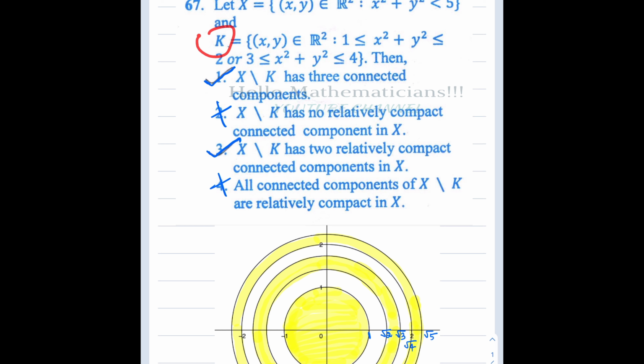Now let's look at K. K is the set of all (x, y) belonging to R2 such that 1 less than or equal to x square plus y square less than or equal to 2. Such regions are called annulus regions.